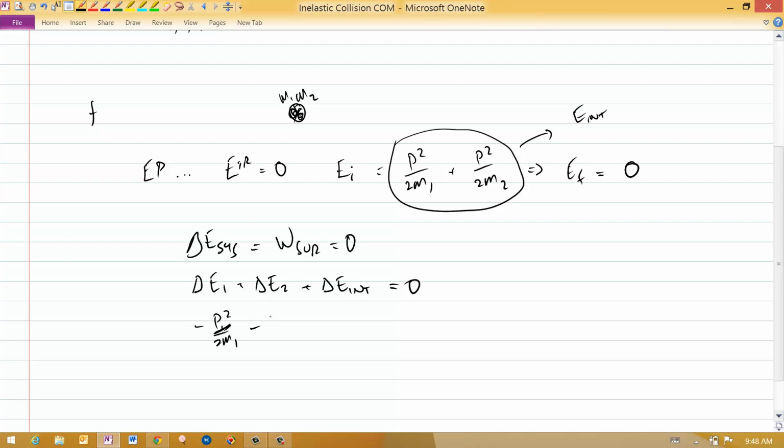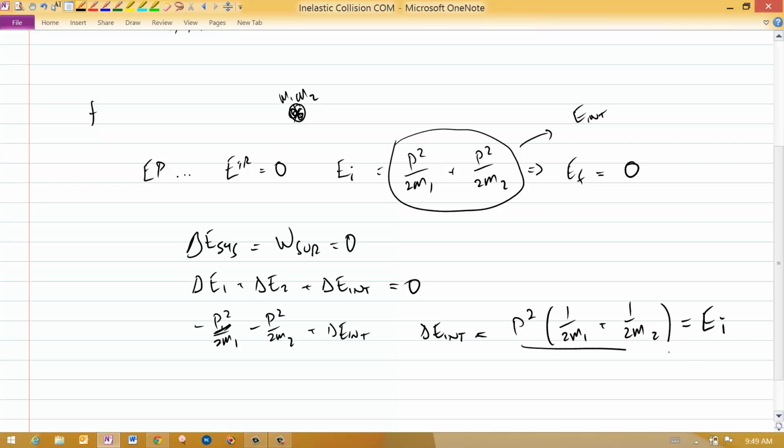Change of energy for E2 is minus P squared over 2m2, and then I have plus delta E internal. So delta E internal for this process, the most it can possibly be, is P squared times 1 over 2m1 plus 1 over 2m2. That's E initial. All of the initial energy winds up in the internal energy.